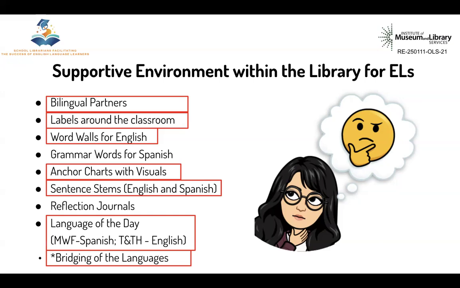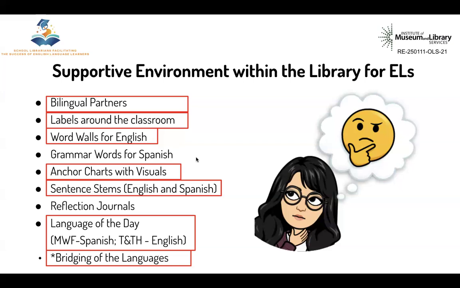I would make sure that labels are going around the library so that their vocabulary enrichment in both languages is continuous, even when they step out of the classroom. I also do believe that word walls for English in the library are very important, only because, yes, we involve heavily reading, but when there are opportunities for students to write, it's important for them to know that they have that support there too, so that they can always direct to the spelling.